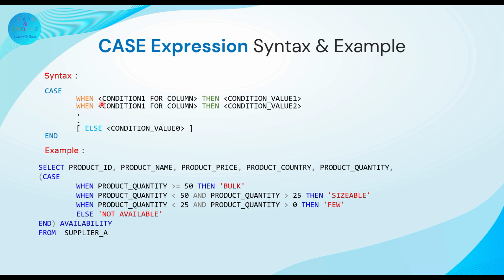Whenever it encounters a case, it has to have at least one when condition, followed by the condition you want to apply. If that condition is true, then the column value specified will be showcased. You can have n number of when conditions, and an else condition also can be there.